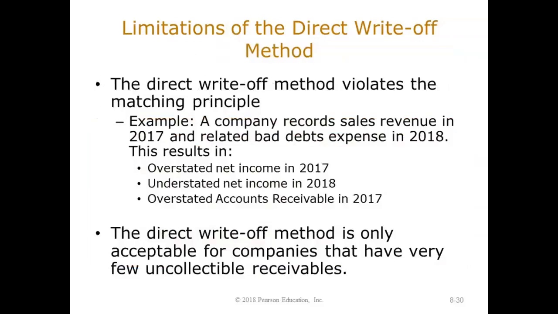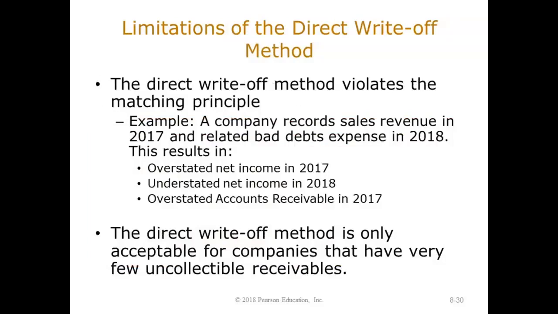Now, the problem with the direct write-off method, as I originally stated, is that it violates the matching principle. In this example, a company records sales revenue in 2017 and the related bad debt expense in 2018. The problem is, if we're using the direct write-off method, we've overstated our income in 2017, understated the net income in 2018, and basically overstated our accounts receivable in 2017.